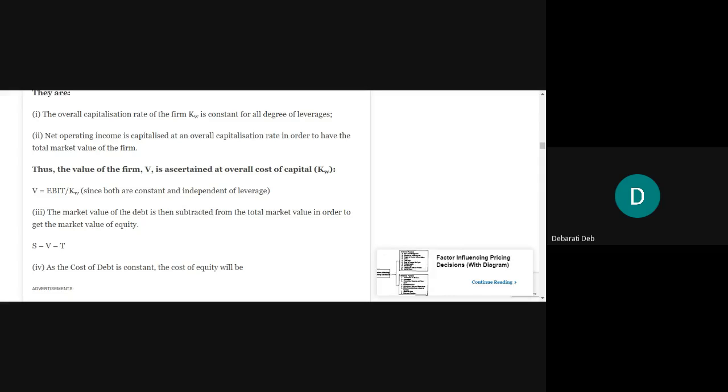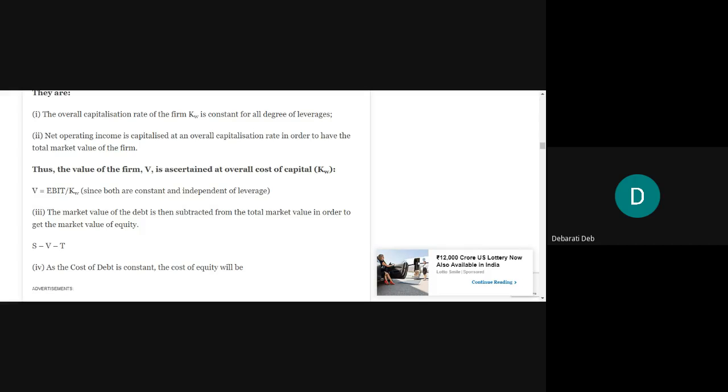The third assumption says the market value of the debt is then subtracted from the total market value in order to get the market value of equity. There is a mistake in the formulation: an equals sign has been written as a minus.